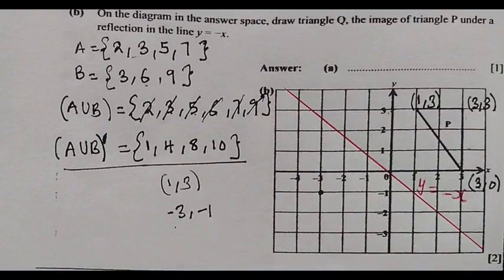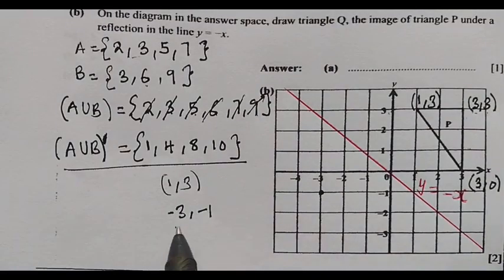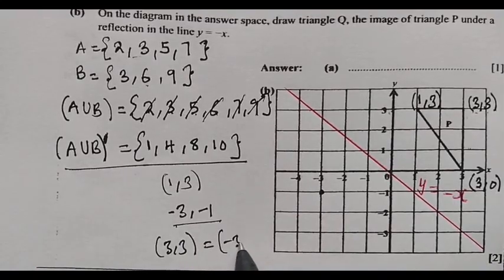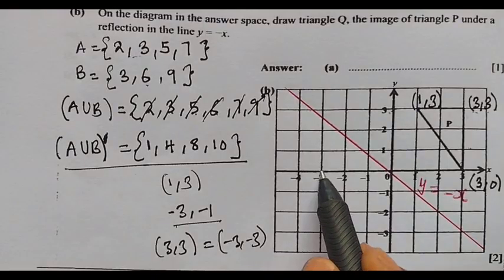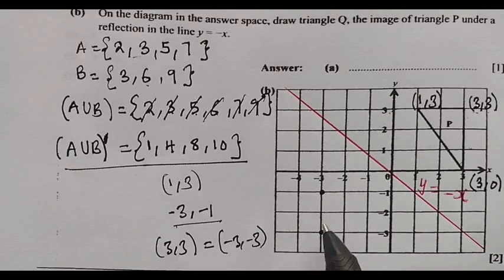Then from here we come to this point, which is 3, 3. So 3, 3 will be negative 3, negative 3, since both numbers are the same. So negative 3 is right here, then negative 3 will be right here. You have seen, I'm making dots here.